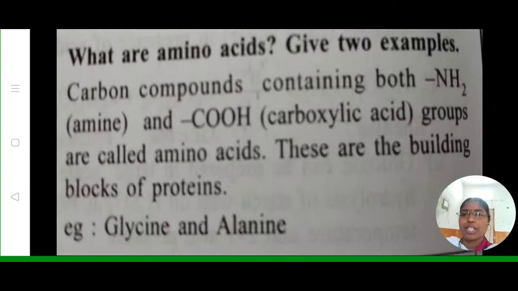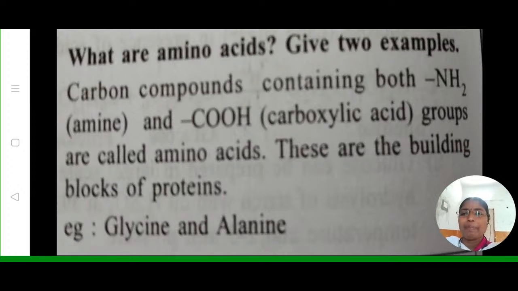Okay, next question. What are amino acids? Give 2 examples. So first, carbon compounds containing both the NH2, that means the amine group, and the COOH group, that is the carboxylic group, are called amino acids.